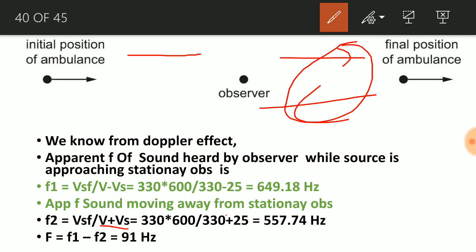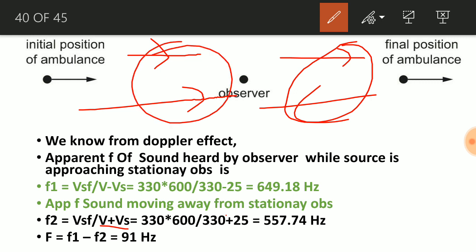Here it was minus sign, because the ambulance was traveling in the same direction as the sound going from source to observer. Same direction means minus sign, opposite direction means plus sign. So on doing this, we will get our next frequency.